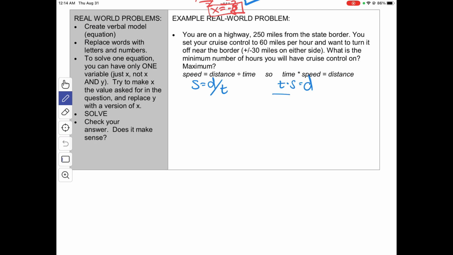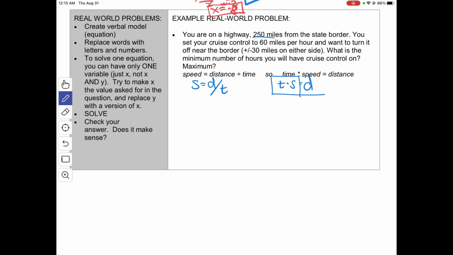So I really want to use time and speed to focus on distance, because this is all about distance from the state border. I don't care whether I'm this side of the border or the far side of the border, so long as I'm 30 miles away. It could be positive 30 or negative 30.